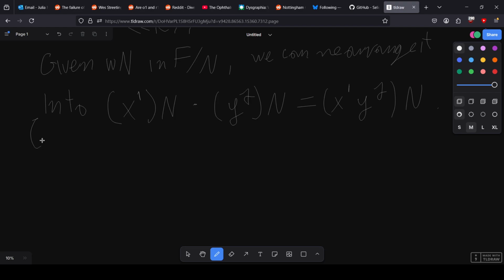The reasoning here is effectively the same as trying to find the normal way of rearranging things in the dihedral group.